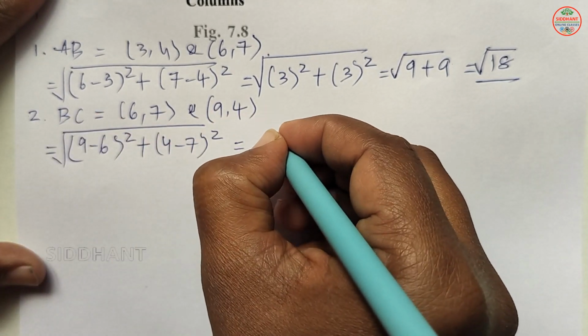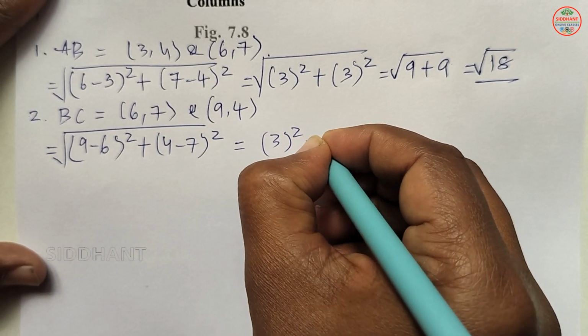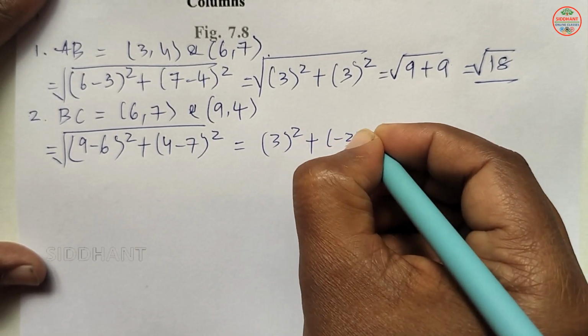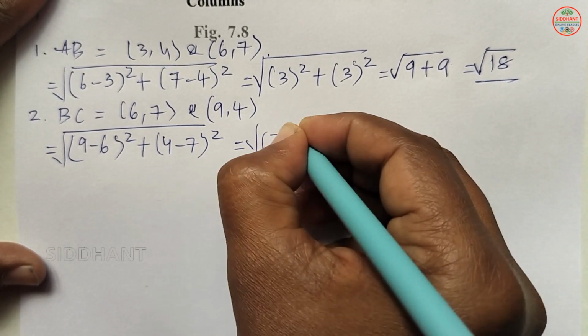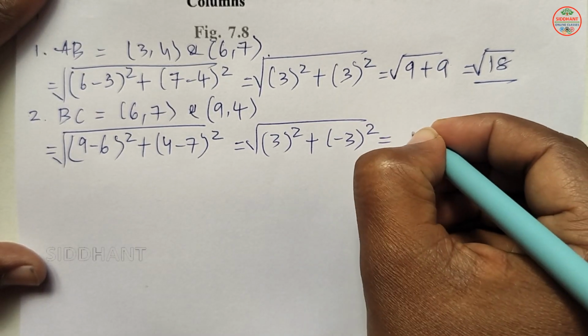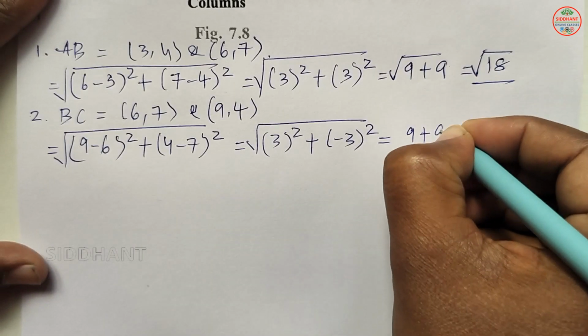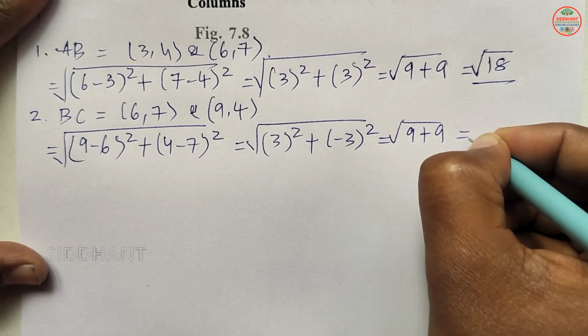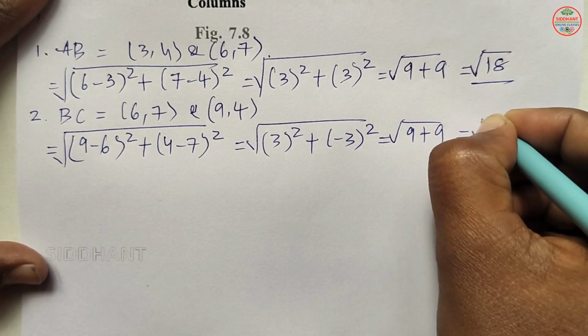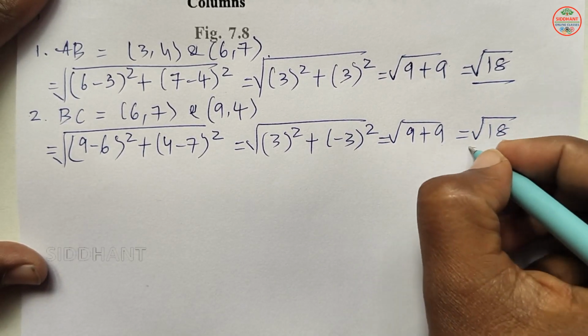So that equal to 3 square plus minus 3 square, that equal to 3 square 9 plus 9, that equal to square root 18 here.